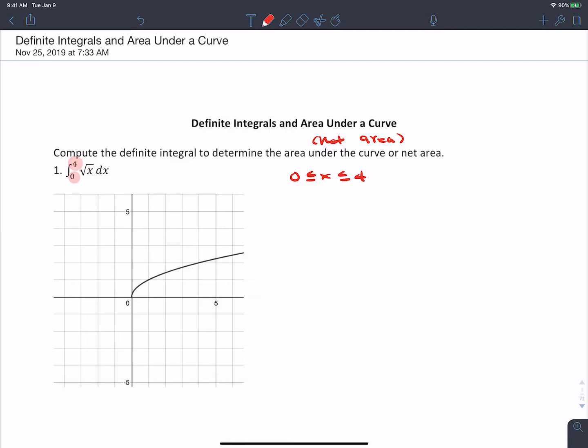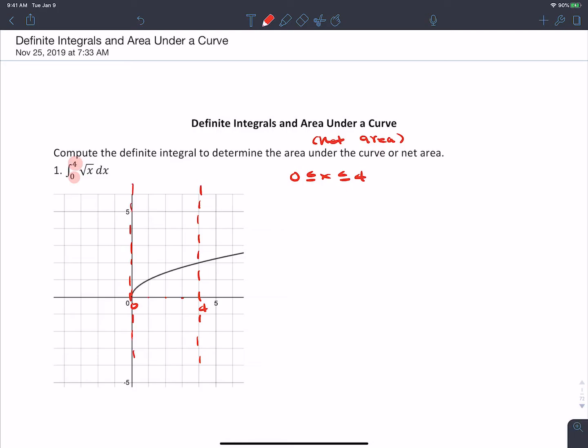Now, to remind you that from 0 to 4, in this picture, we start here on the left. This is 1, 2, 3, and 4 down here, and this is 0. The line goes through 0 and 4 on the x-axis.